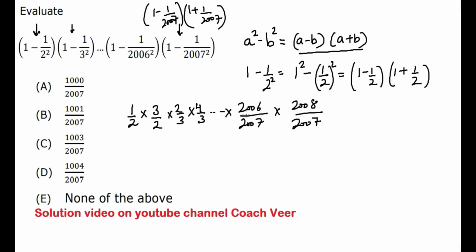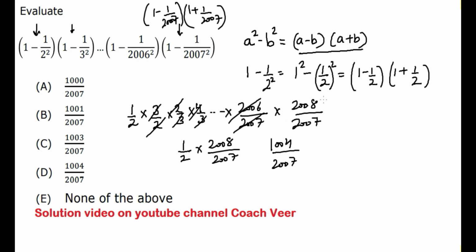Now you know that all these terms are going to cancel off, like this 2 with this, 3 with this, and like that everything will get cancelled till here. So we are left with 1 by 2 times 2008 over 2007. You can simply halve it down, and it is 1004 by 2007. It's like a telescoping series.